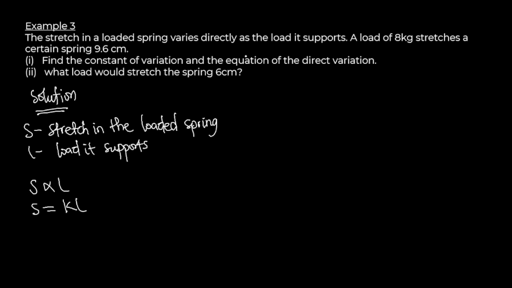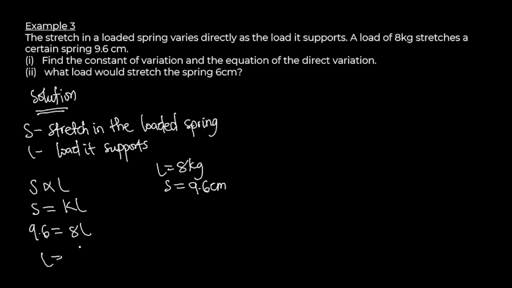Now we've been told that the load of 8 kilograms, which means L is equal to 8 kilograms, causes a stretch in the spring of 9.6 centimeters. So we have our stretch to be 9.6 centimeters. So substituting these two values into the equation, we have 9.6 equal to 8K.